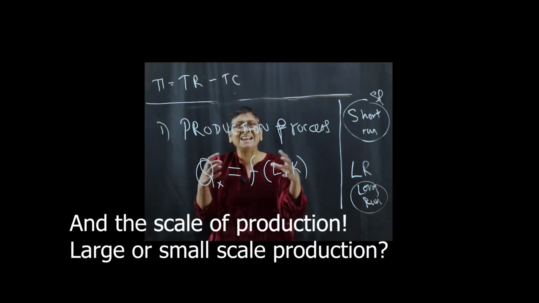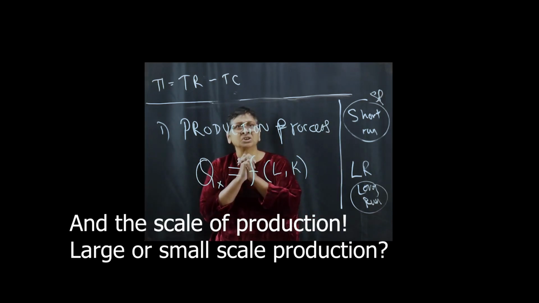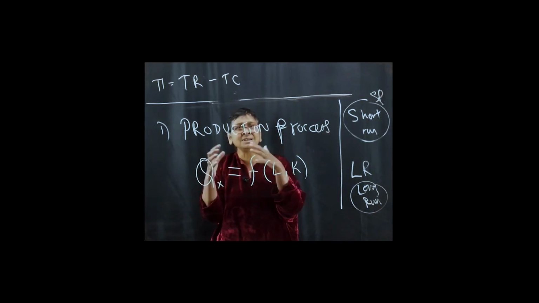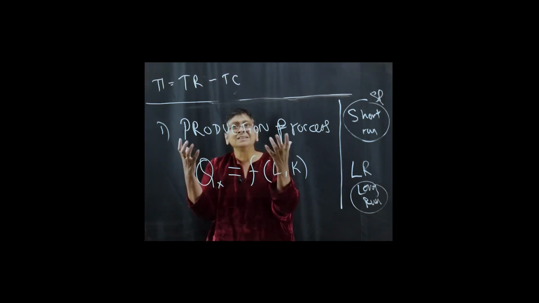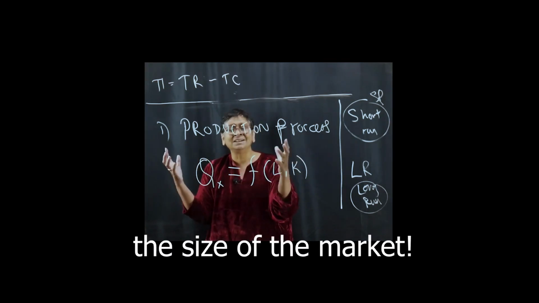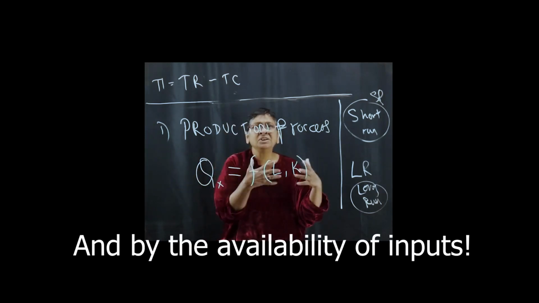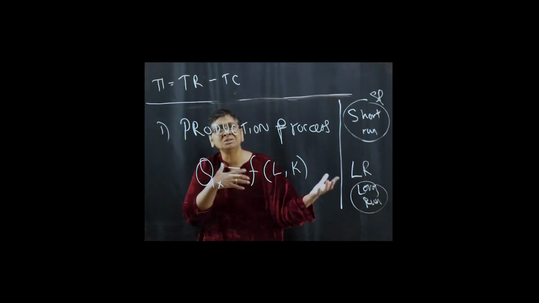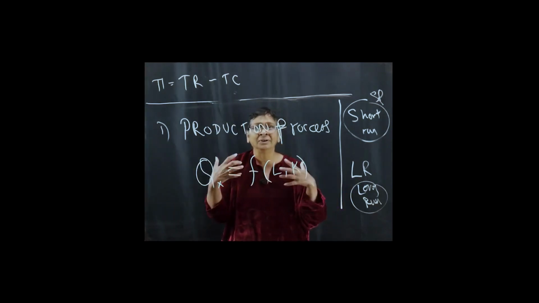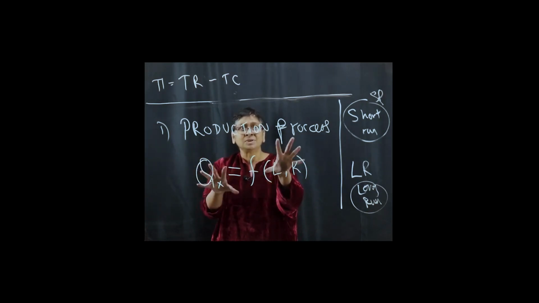And that scale of production, large-scale production, small-scale production. Right? And so these decisions are often determined by the size of the market that these firms are catering to, and by the availability of inputs in the area that they are operating and how cheap it is, which input is cheaper, right? So this is the decision the firm's going to make.